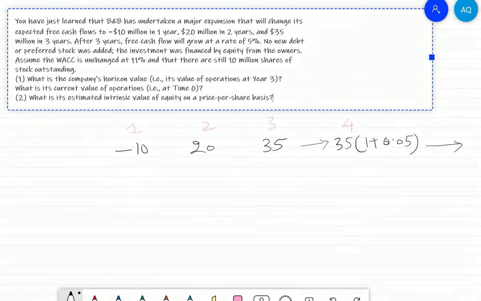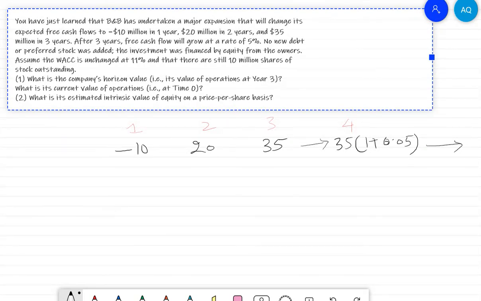No new debt or preferred stock was added. The investment was financed by equity from the owners. Assume the WACC is unchanged at 11% and there are still 10 million shares of stock outstanding.